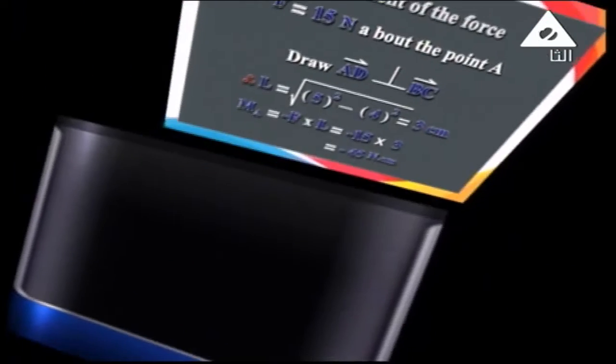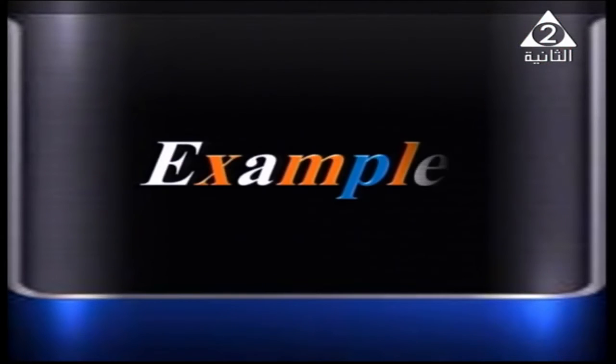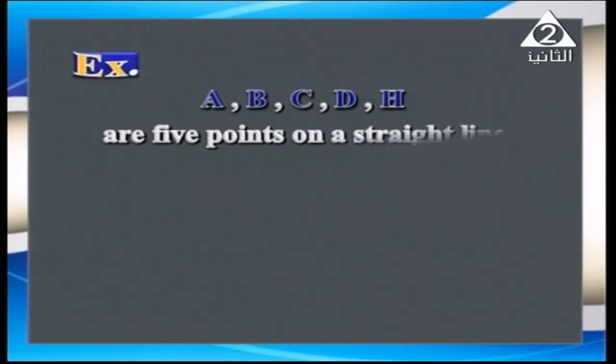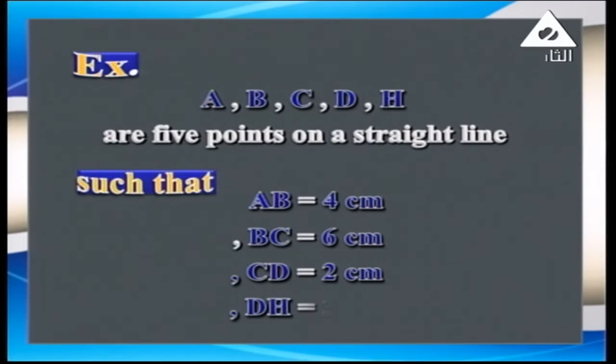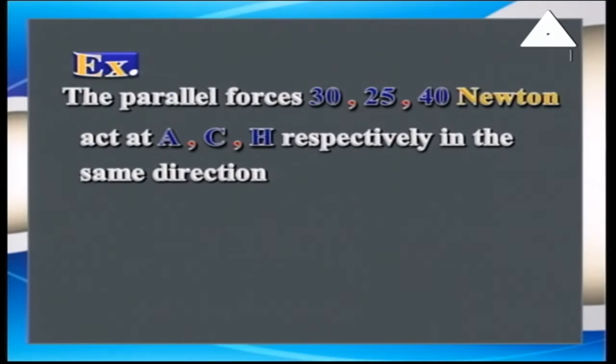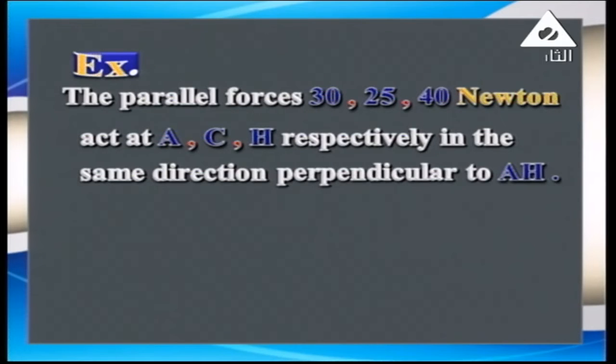Another example. A, B, C, D, H are 5 points on a straight line such that AB equals 4, BC equals 6, CD equals 2, DH equals 3. The parallel forces 30, 25, 40 Newtons act at A, C, H respectively in the same direction, perpendicular to AH.